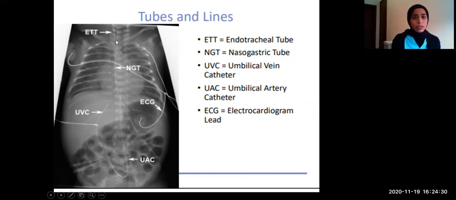A long line, which is seen from the airway down within the esophagus to the left side of the abdomen, going to the gastric lumen, is the NGT or nasogastric tube. Then two umbilical catheters: the venous, which is going straight upward, and the arterial catheter, which has a downward slope, then upward migration.